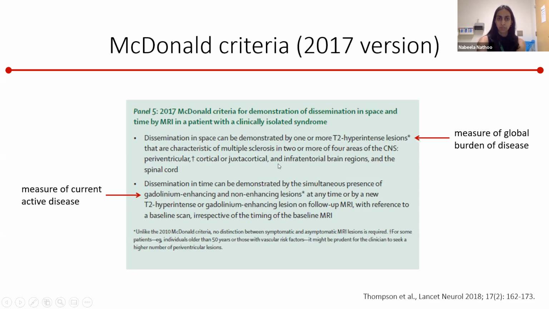What that means is you need to have one or more T2 or FLAIR hyperintense lesions found in characteristic areas where we pathologically have seen MS lesions.